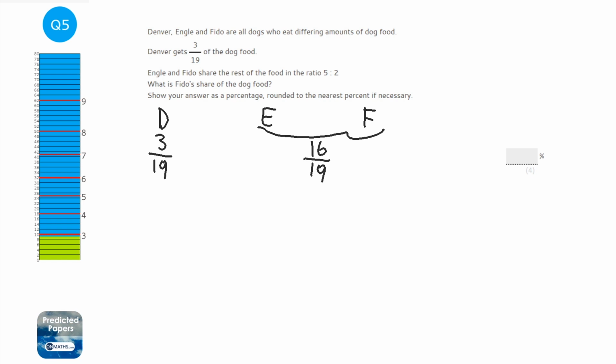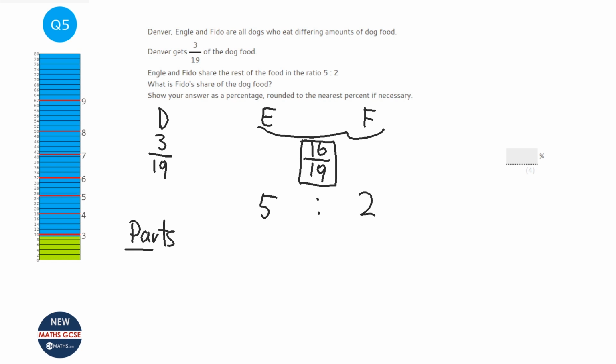So we can kind of ignore Denver now because we used Denver's amount, or fraction of the food, to work out Engel's and Fido's combined. So that's how much food they'll get, but they're sharing it in the ratio of 5:2. So in total, the amount of parts they have is 5 plus 2, which is 7.